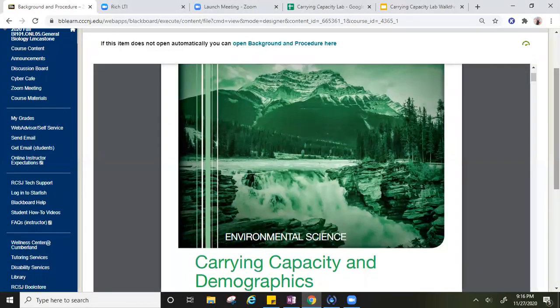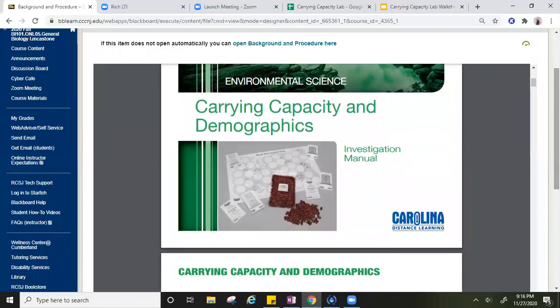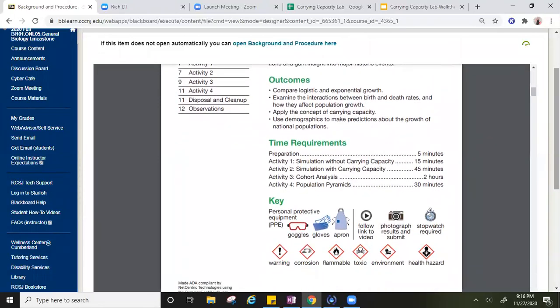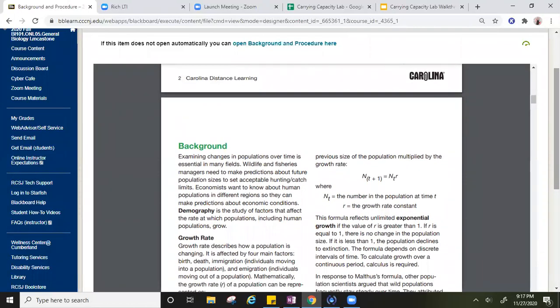So when I first went through this lab, I have done other labs similar to this, but not this one in particular. And to be quite honest with you, I found the directions to be confusing. So I really think that there are going to be some of you out there that after the first read, you're going to think, what is this talking about?